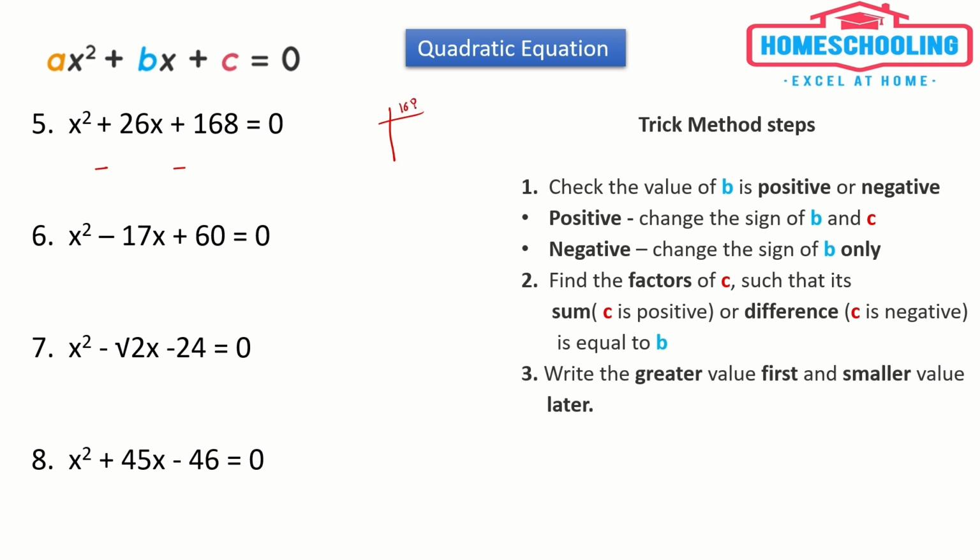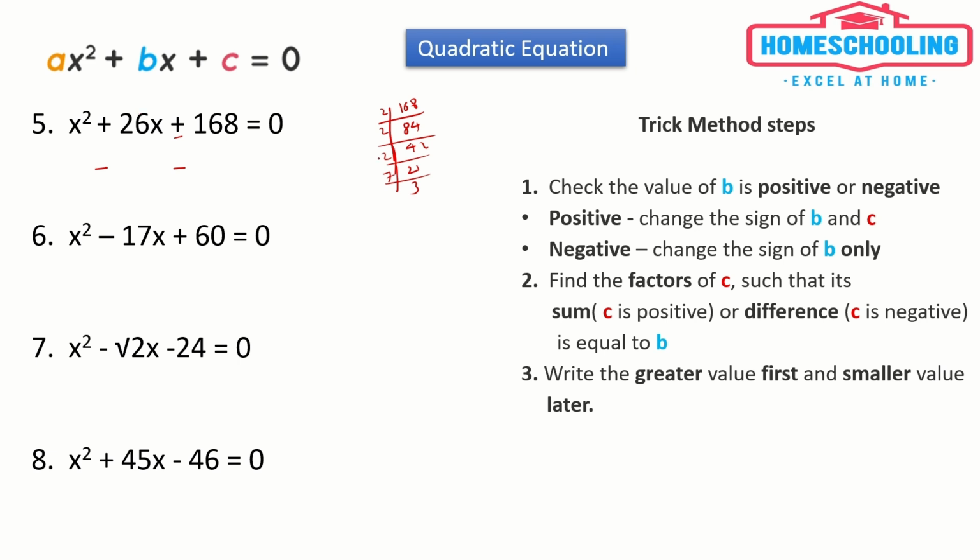So 168 is 2 times 84, 2 times 42, 2 times 21, 7 times 3. As we can see, the c value is positive, so we need to add the factors in such a manner that it is equal to 26.